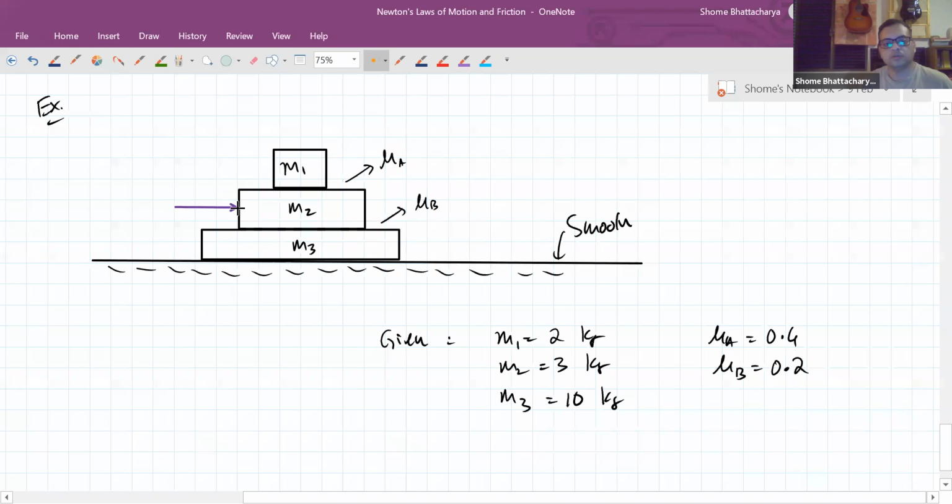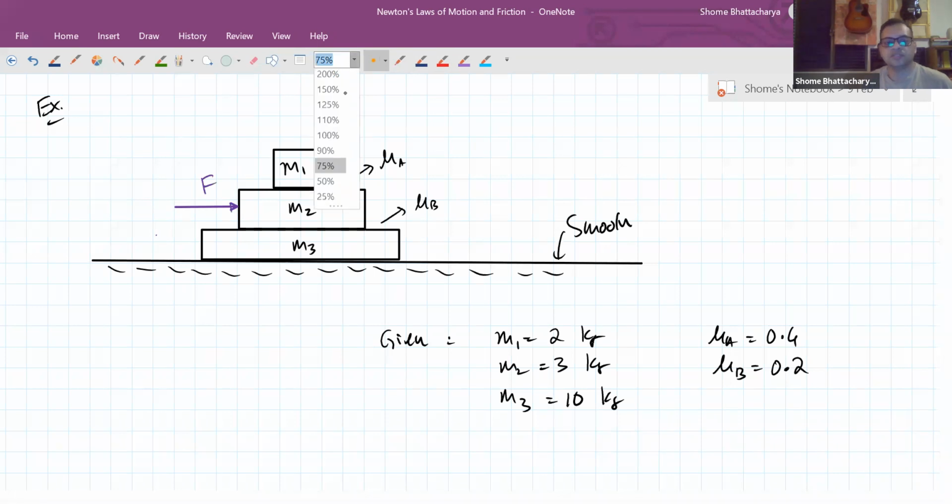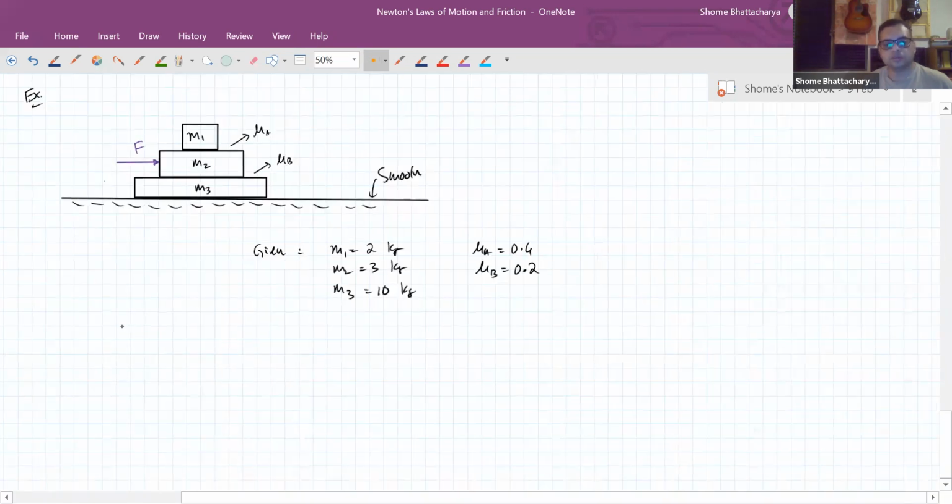on this block, and we want to find out under certain circumstances the acceleration of the 2 blocks, or rather the 3 blocks.